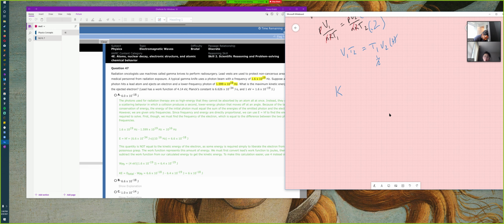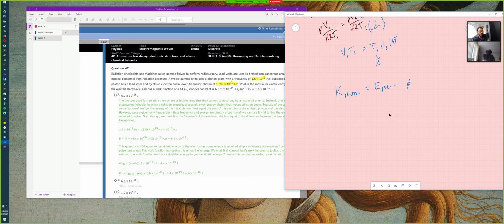Kinetic energy of an electron is equal to the energy of the photon minus this thing called the work function. Oh, what? I've never heard of that before.